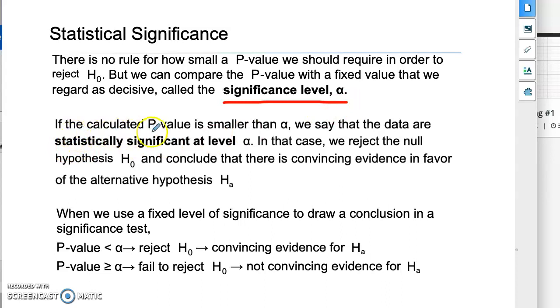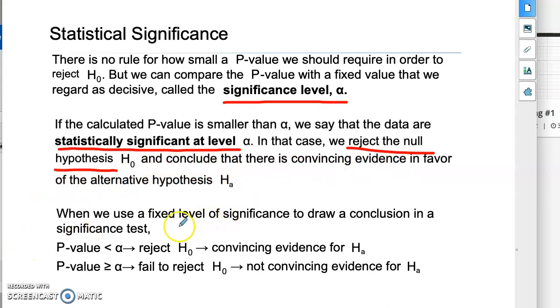So if the calculated p-value is less than alpha, we say the data are statistically significant and we reject the null hypothesis, and we conclude there is convincing evidence in favor of the alternative.